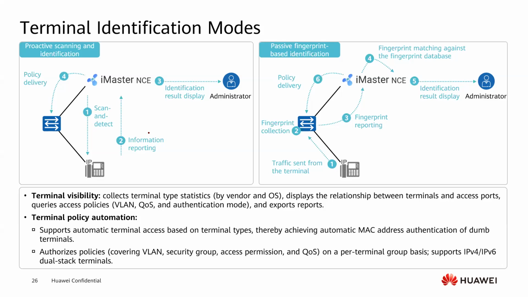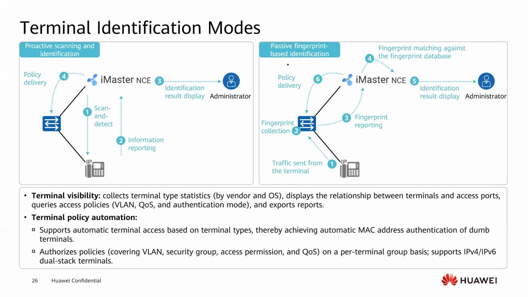In this mode, the terminals can be identified through the SNMP query or network mapper, NMAP, just the two modes of the terminal identification. For the different modes, we will introduce them in the pages behind this.